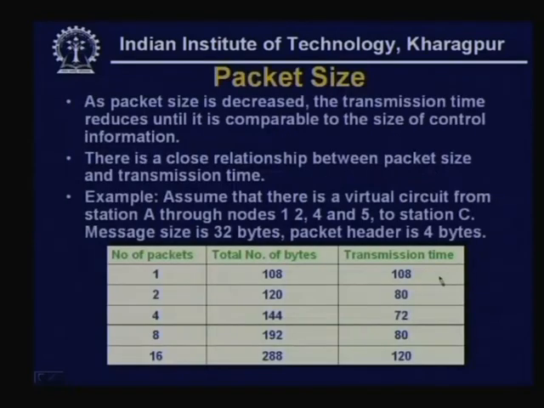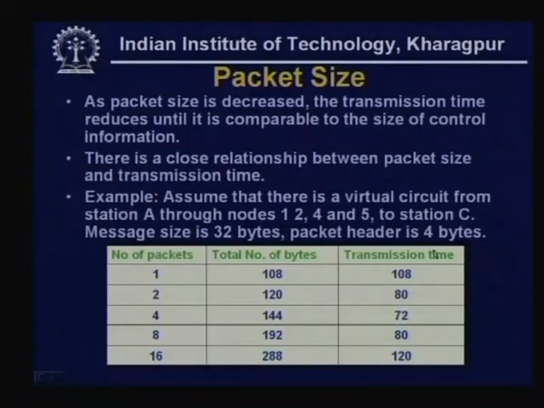That will be the total transmission time. We are assuming here that there is no time needed for storage and there is no other processing time. Propagation time is very, very small. So, assuming that propagation time is small, transmission time will be the time required to send 108 bytes. Depending on the data rate, this time will be different.